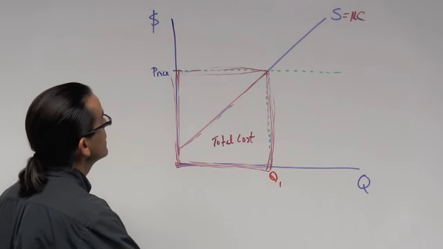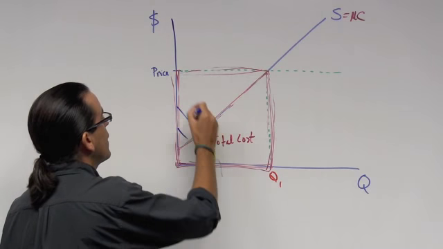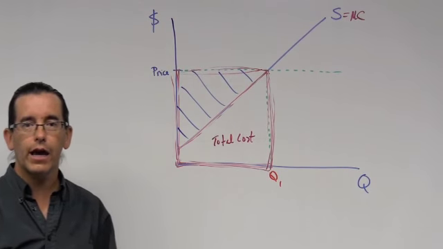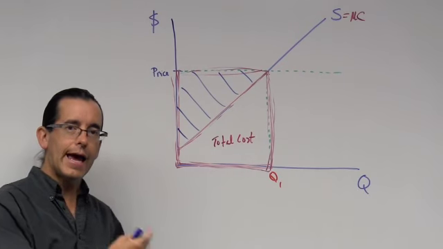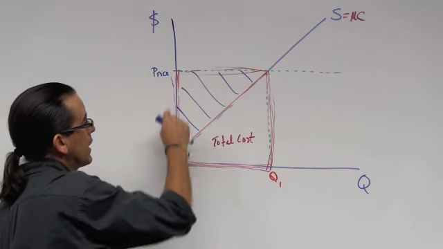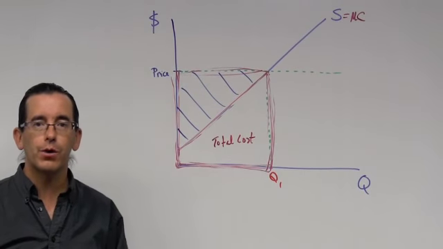Well, we have this area of the total revenue which is unaccounted for. When we were looking at the individual firms before, we could have characterized this area as the profit.